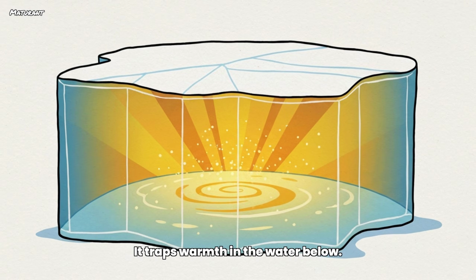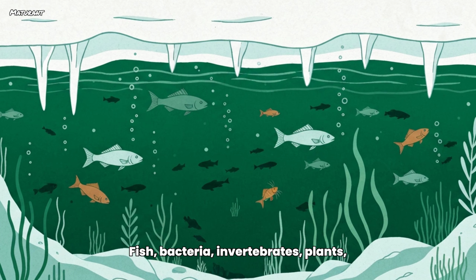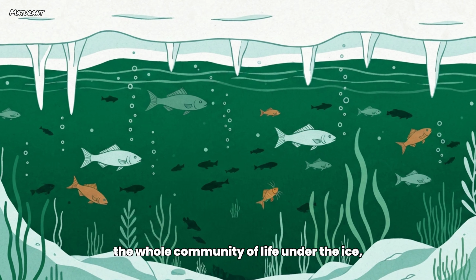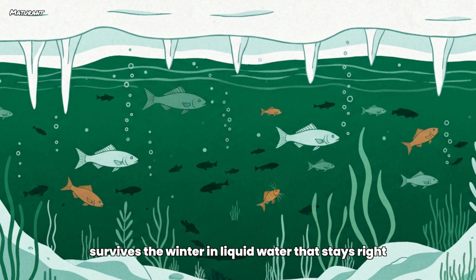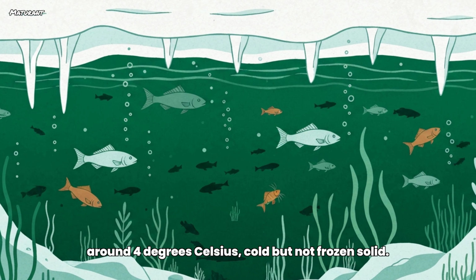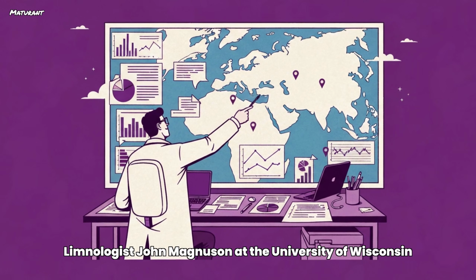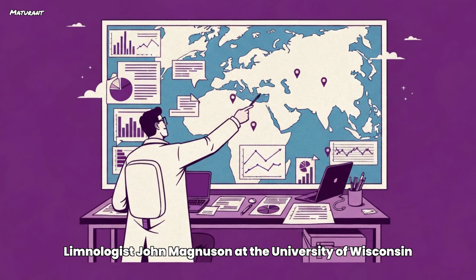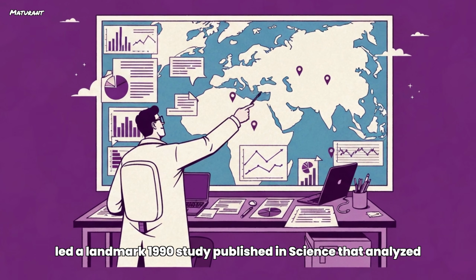That lid is everything. Ice conducts heat about 4 times less efficiently than liquid water. It traps warmth in the water below. Fish, bacteria, invertebrates, plants, the whole community of life under the ice, survives the winter in liquid water that stays right around 4 degrees Celsius, cold but not frozen solid.